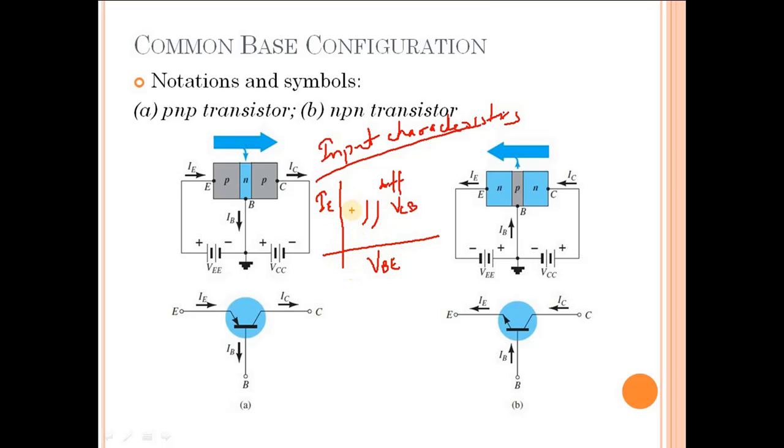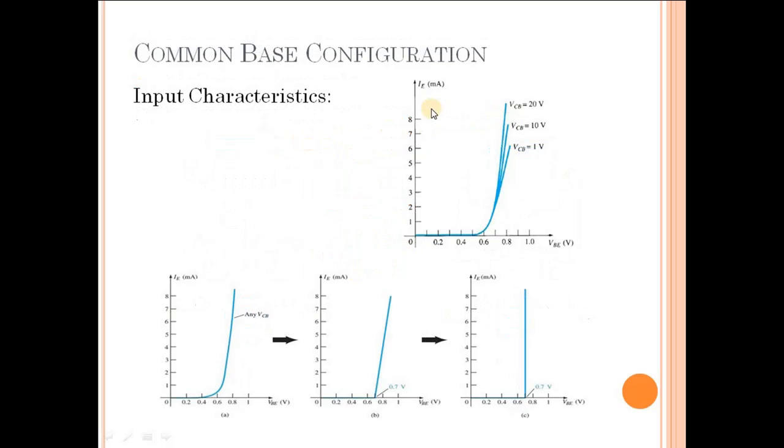You can refer to this input characteristic curve over here. As I said, this is IE versus VBE. On the x-axis I have VBE in volts and on the y-axis I have IE in milliamperes, and for different values of VCB I get a different curve.